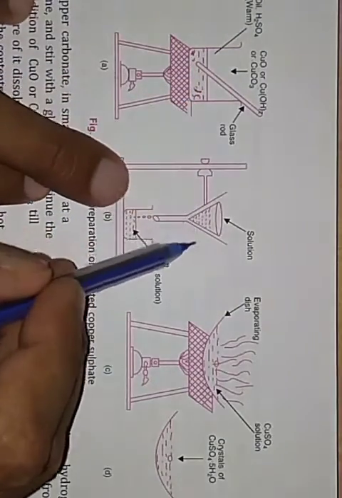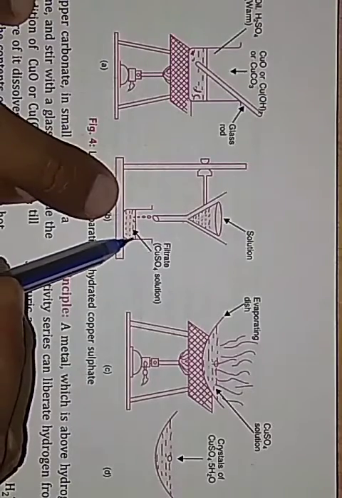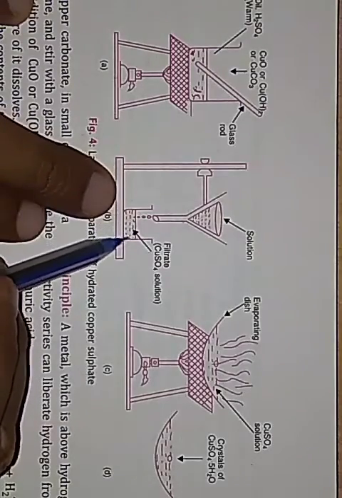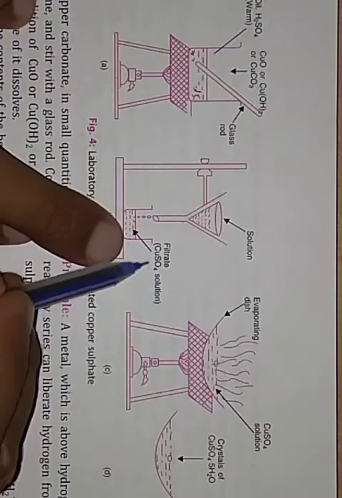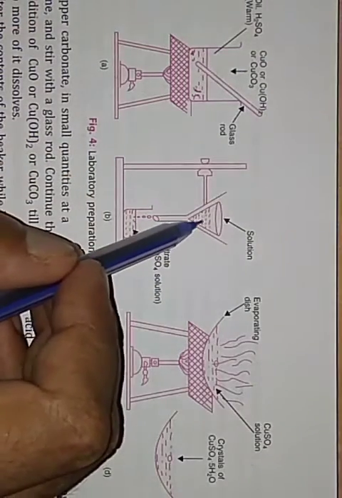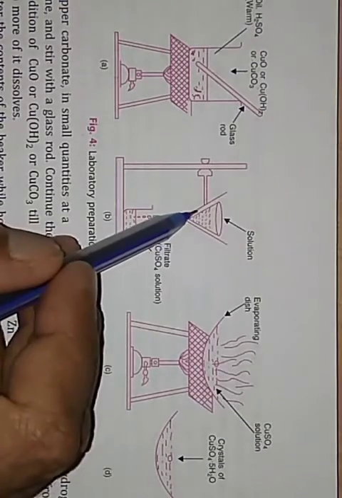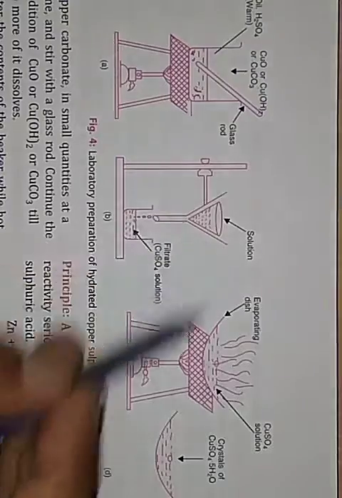Filter this product and collect the filtrate in a clean beaker. In the clean beaker, the filtrate contains the copper sulfate solution, and the residue which is left in the filter paper we will reject.